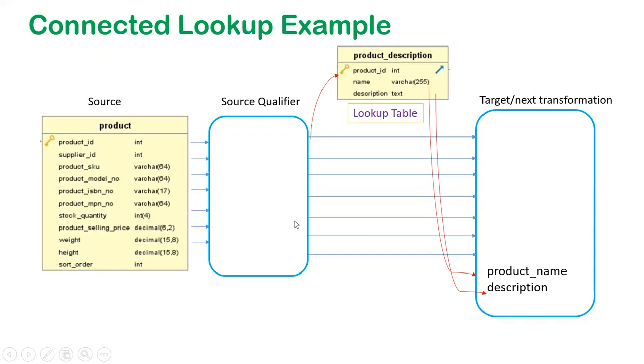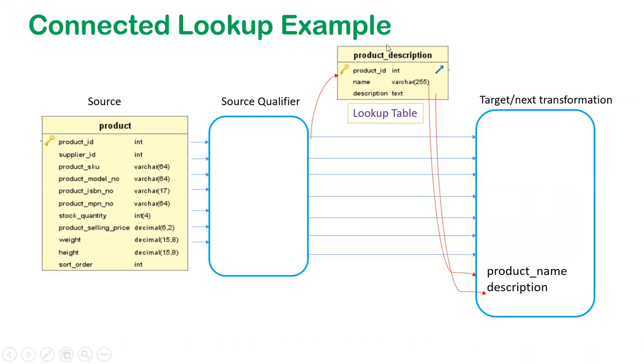We have the source qualifier, but I need the product description and product name. Do we have any product description and name here? No. So for this, I will pass the product ID to the product description table, and I will get the product name and description text from here.